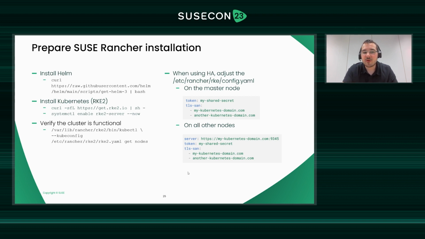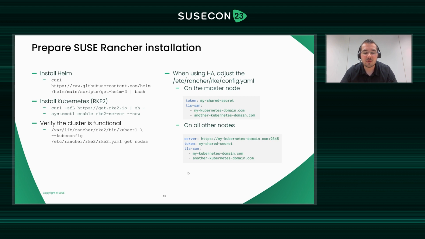If you then prepare your SUSE Rancher installation, it's quite easy. There are multiple options. For example, you first install Helm, then you have the curl command right at the top left-hand side. Then you can install your RKE as well with the curl command, and make sure you enable the RKE2 server node. To verify if the cluster is functional, there's a command that will be rolled out as well.